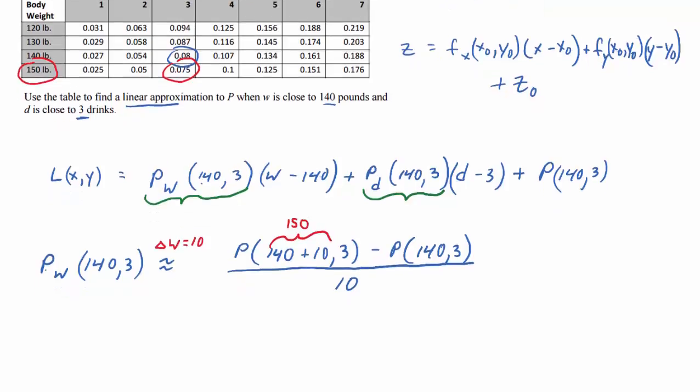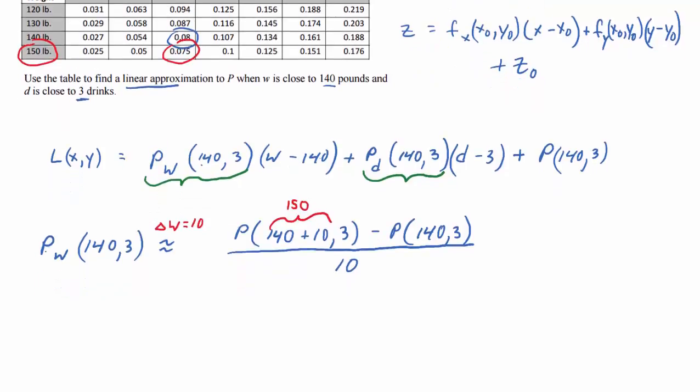So I could rewrite this as 0.075 minus, okay, P of 140, 3 is the 0.08 number, and then divide that by 10.